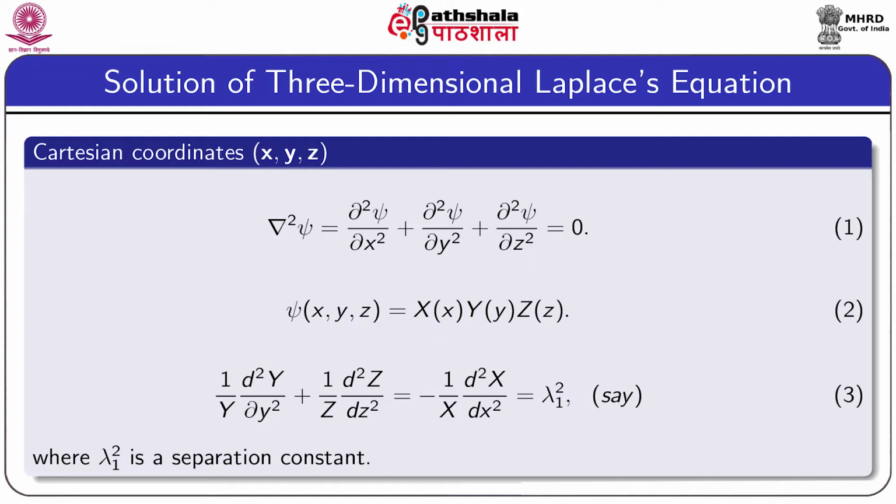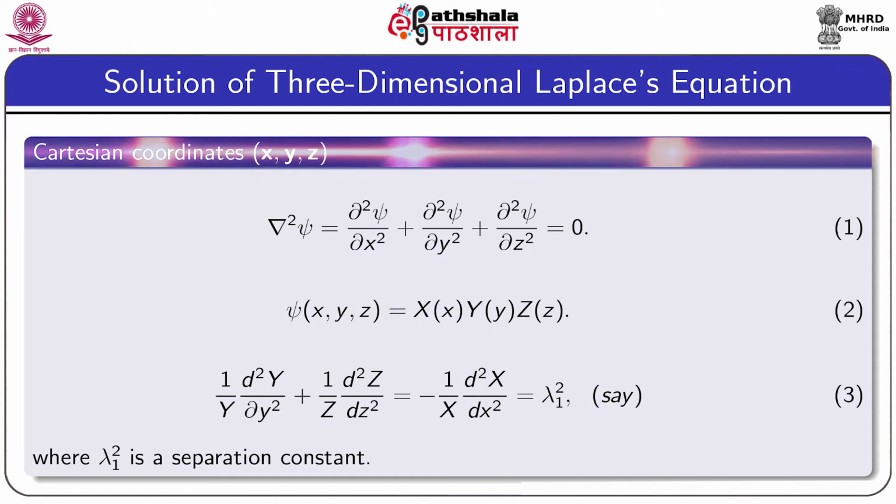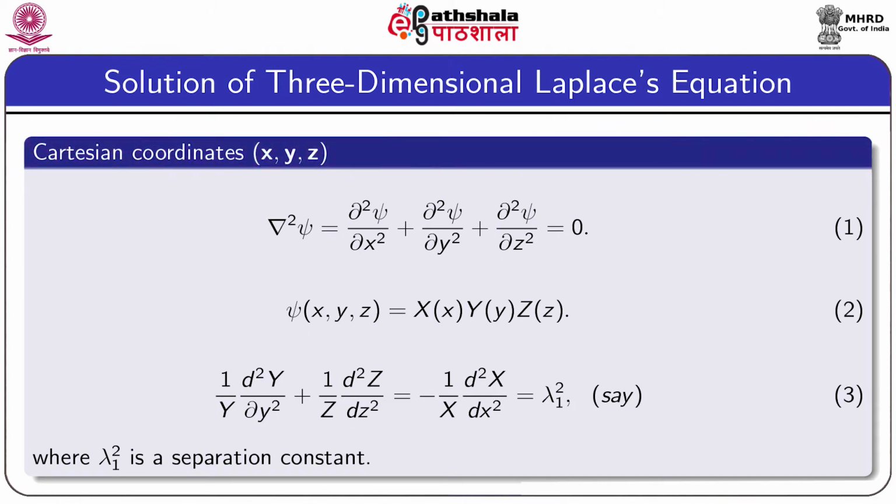We can find the solution of this ordinary differential equation easily, and the solution is written here: capital X equals C1 cos lambda 1 x plus C2 sin lambda 1 x, where C1 and C2 are constants of integration. Now, if we go back to equation number 3, then lambda 1 square is also equal to 1 by Y d2Y dy square plus 1 by Z d2Z dz square.